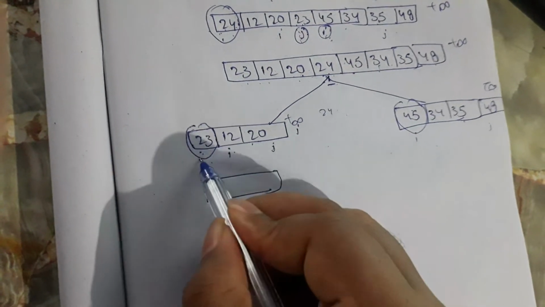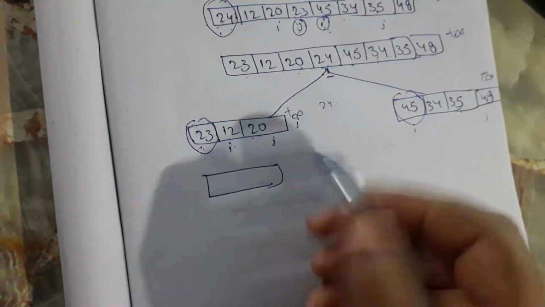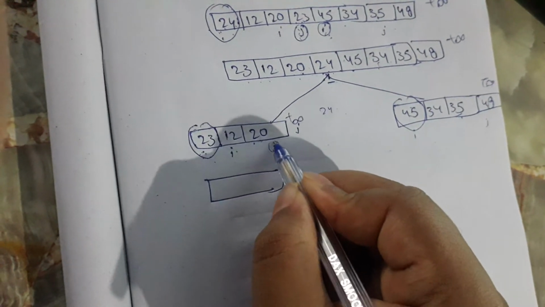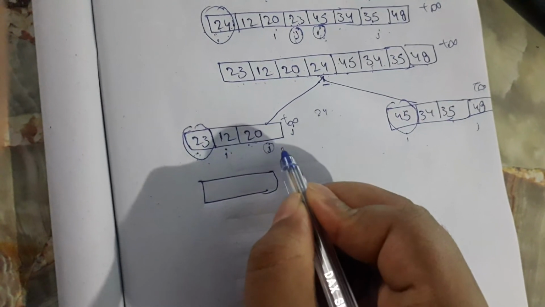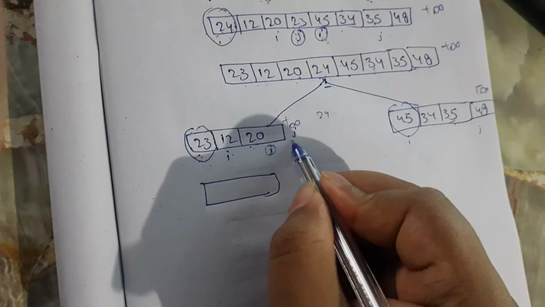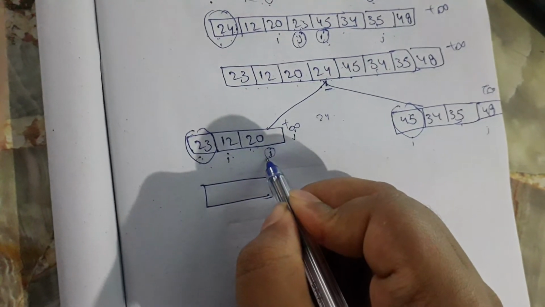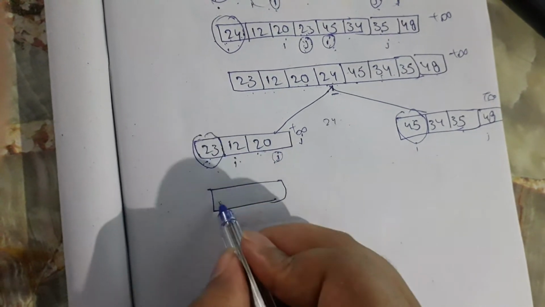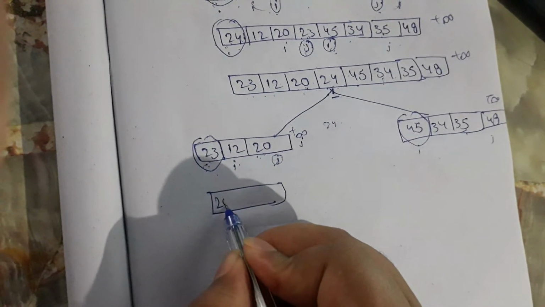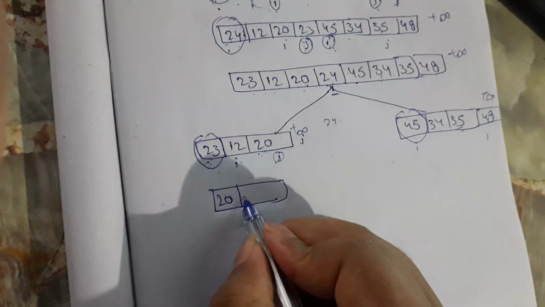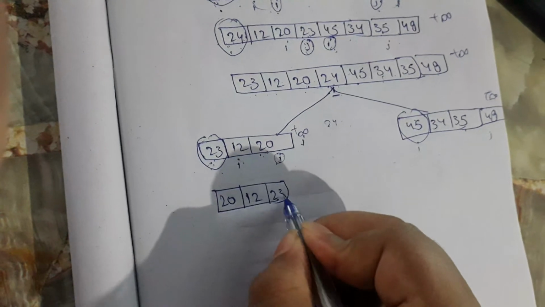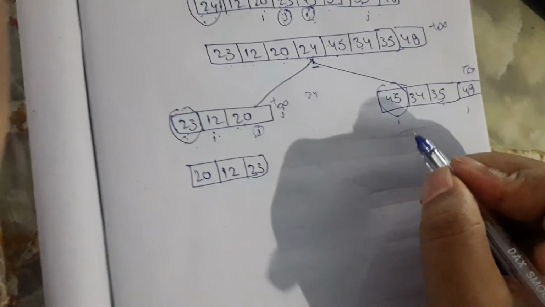Yes, 20 is less than 23. Your I value is infinity, J value is 20. J crossed the I value. In that case we have to swap. 20 is first now. 12 in 20 plus 23 will come.